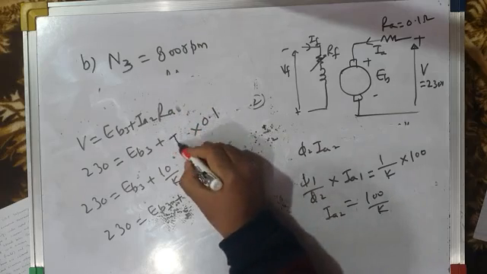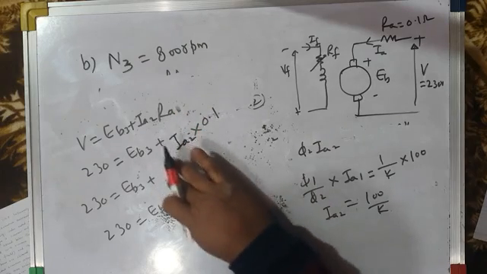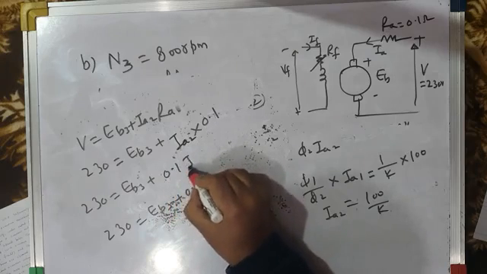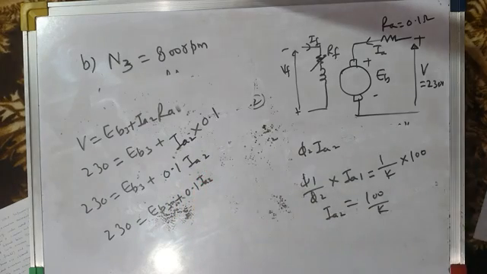Let's keep it as Ia2 itself, 0.1 Ia2, because Ra is 0.1, right? So it is 0.1 Ia2.